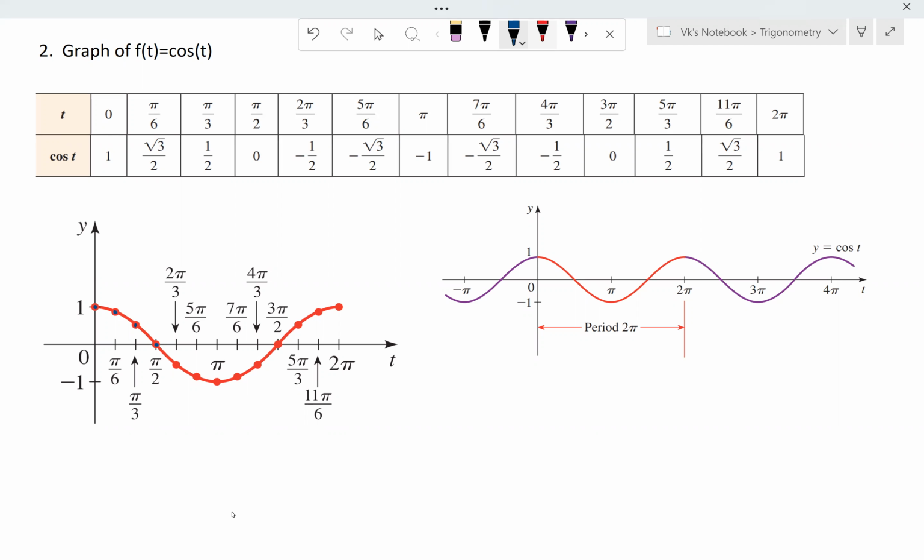And from there, we see that it has the same domain as sine, negative infinity to infinity. Range is also the same, from -1 to 1. The amplitude is also the same. It's 1.